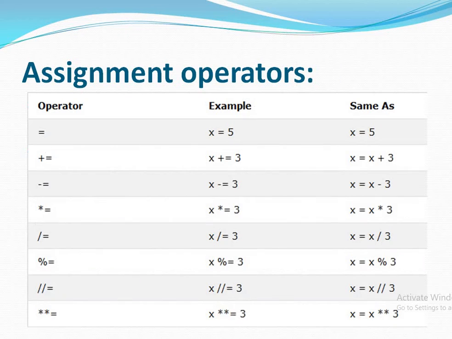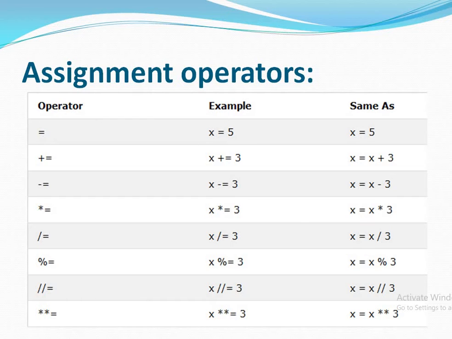Right. Next, using this assignment operator, you can do some operations like plus equal to, minus equal to, into equal to. All the arithmetic operators we have, you can place just before the assignment operator and the task will be something different. So if you write x plus equal to 3, it is actually equal to x equal to x plus 3.